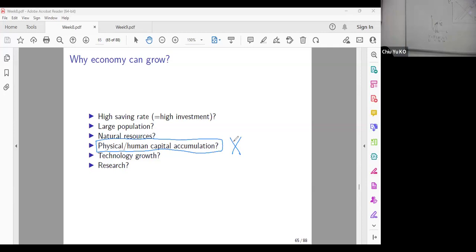It contrasts with what we said about the four tiger story. We said Hong Kong, Korea, Taiwan, and Singapore grew because a lot of capital and labor went into these areas, and we know FDI actually boosts growth. And what the Solow model says at the end is no.